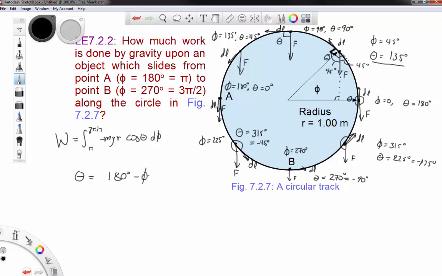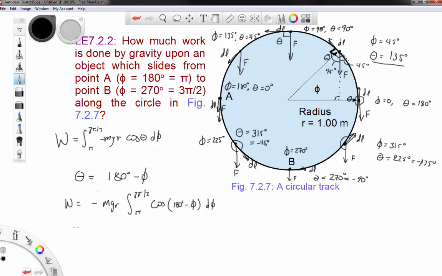Okay, so that means that this integral that we got to do for work really has something like this. So let's pull all the constants out. So we have mgr integral from pi to 3 pi over 2 of the cosine of theta, but cosine of theta is the same as saying cosine of 180 degrees minus phi times d phi.